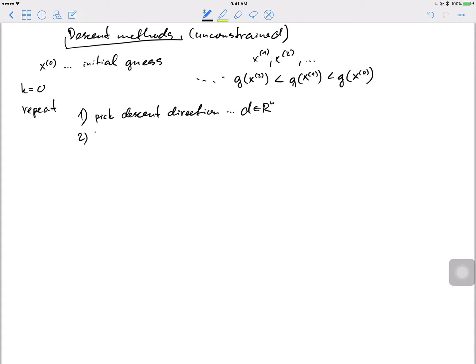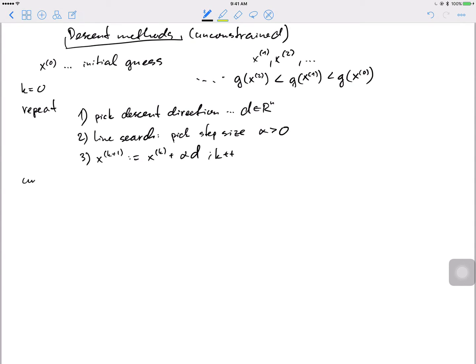Now the second step is line search, and that means pick a step size alpha greater than 0, okay? Number 3 is do the step, meaning compute xk plus 1 simply as an assignment, xk plus alpha d, and increase your k plus plus.